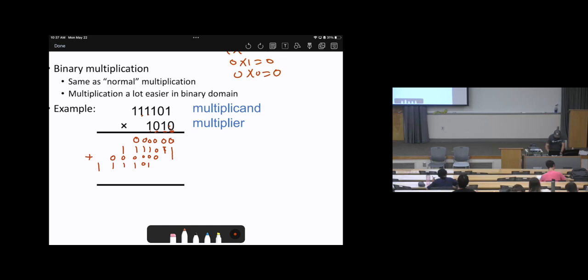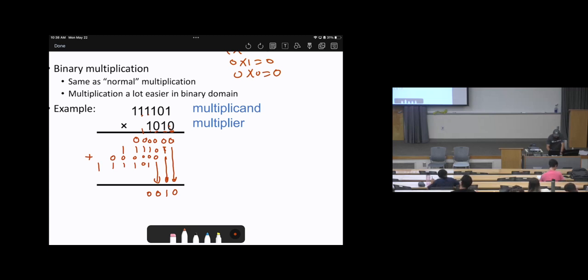So keep in mind, this will go this way, this will go this way. 0, there is nothing to add, here is 0. 0 plus 1, 1. 0 plus 0 plus 0, 0. 0 plus 1, 1 plus 0, 0. Plus 1, 10. 0, carry 1. 1 plus 0, 1 plus 1, 10.